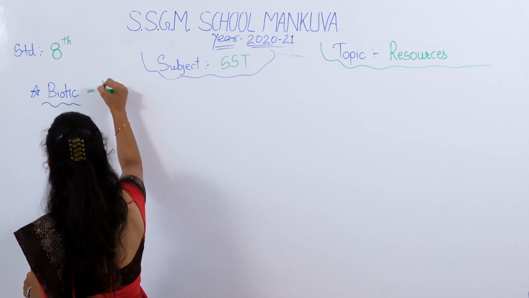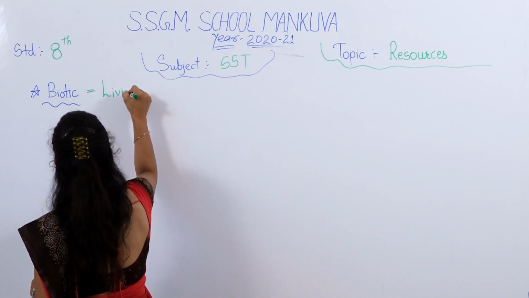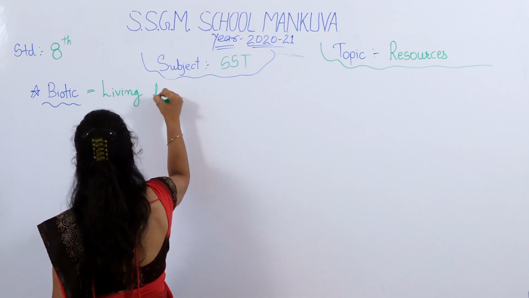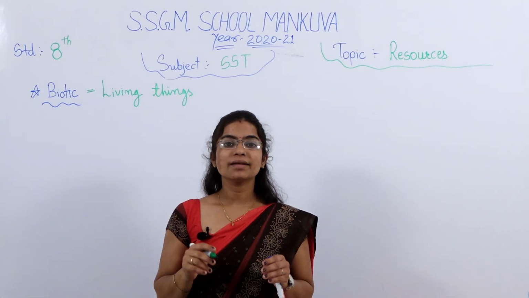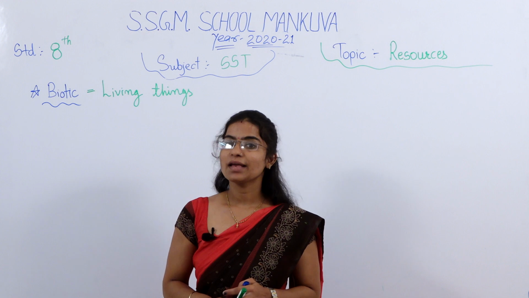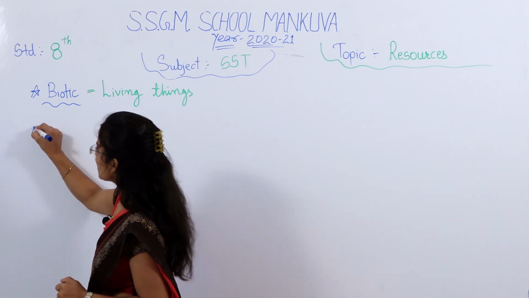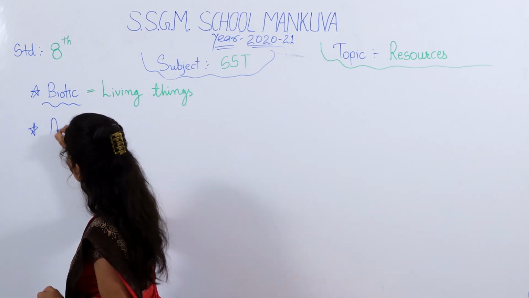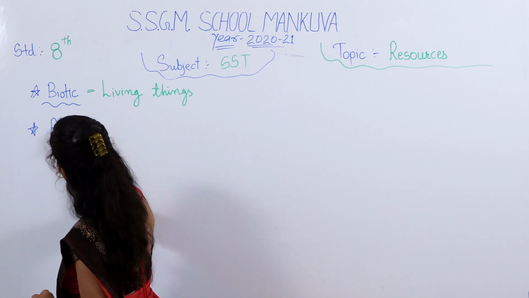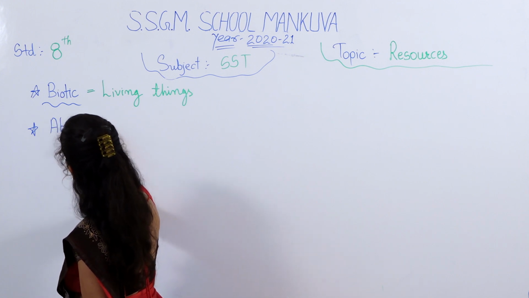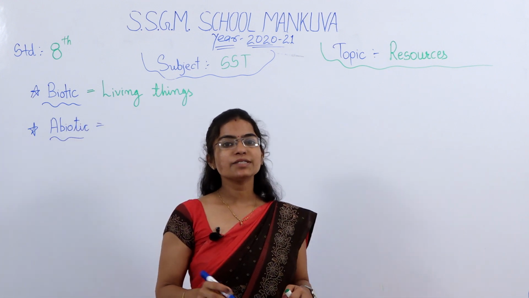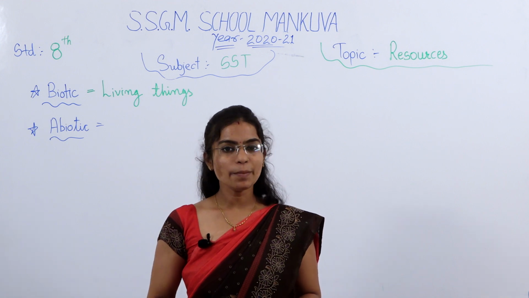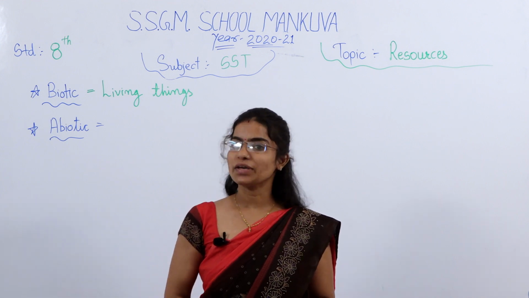Note it down. Biotic means living things. Now, abiotic. Abiotic means non-living things.